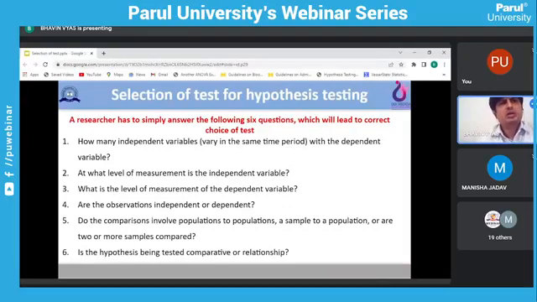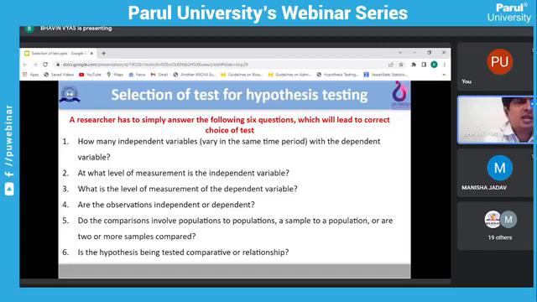So, coming to selection of a test for hypothesis testing, a researcher has to simply answer the following questions, which will lead to correct selection of the test. These are the 6 questions you need to ask yourself, and the answers will lead to selection of your hypothesis test.